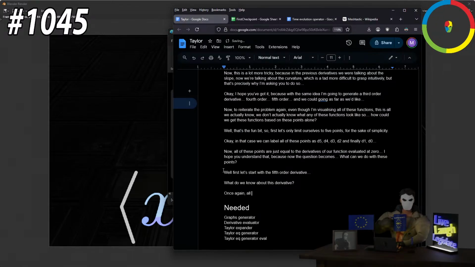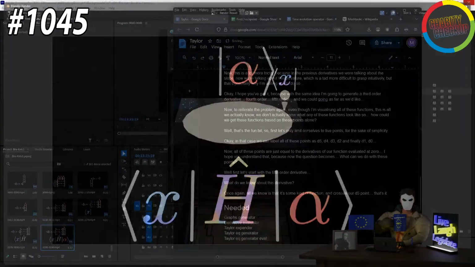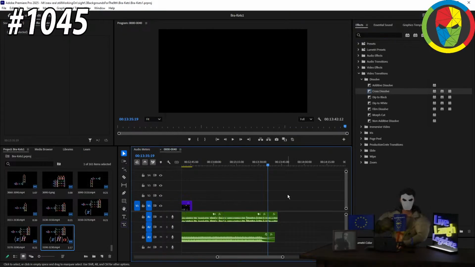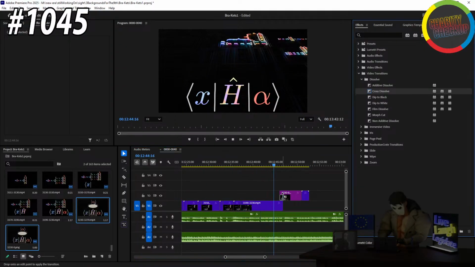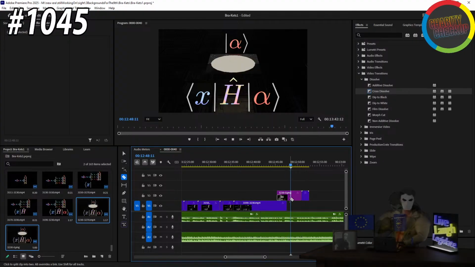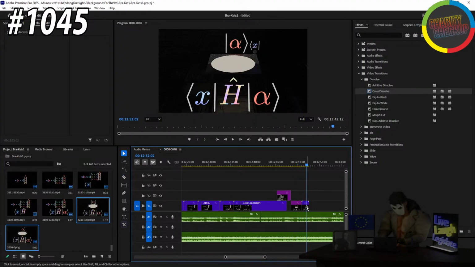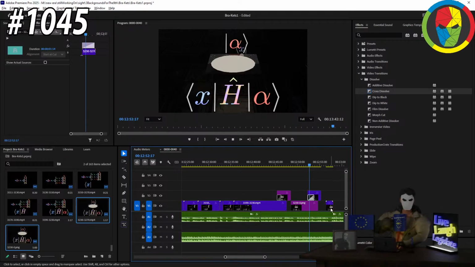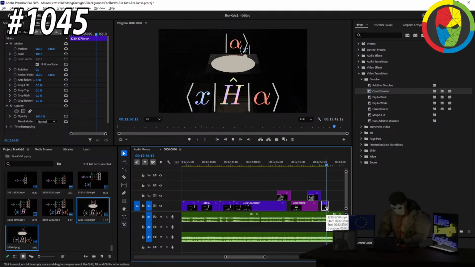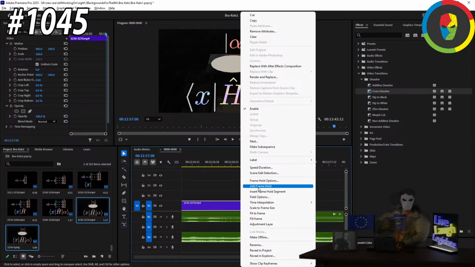Once again, all we know is that it's some function that crosses our d5 point. There we go. Neat. Absolutely neat.